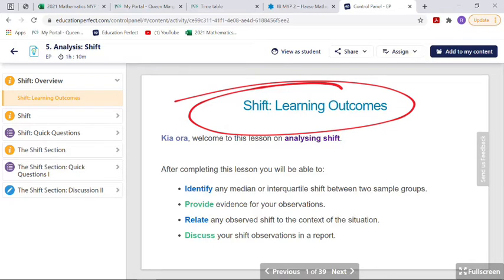Okay? So, anytime you're talking about shift, there are two main things you're going to talk about. You're going to talk about the median, and you're going to talk about the interquartile range. So, median shift and interquartile shift are the main ones.